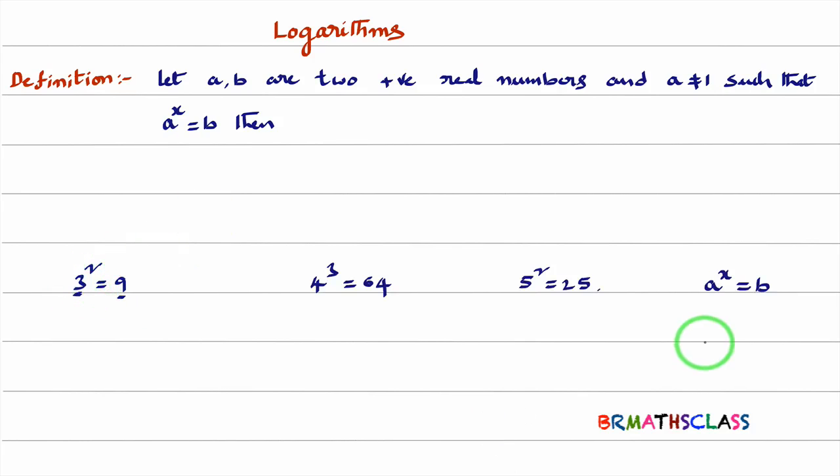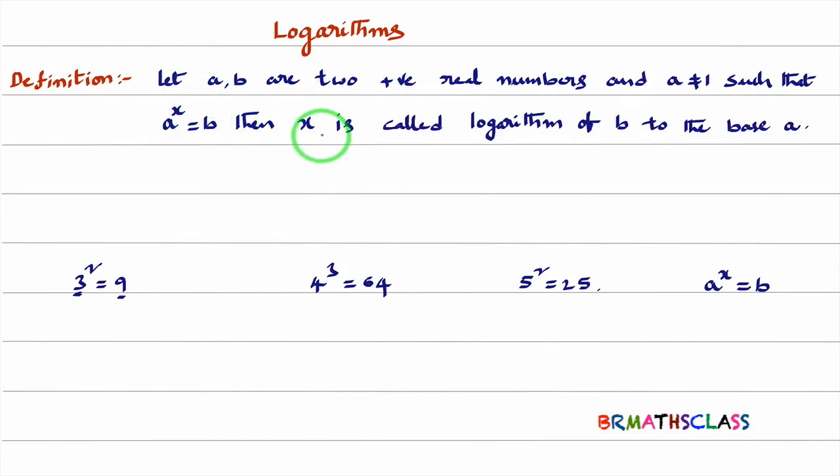Try to understand what I am trying to say. If you are able to find an equation of the form a power x equal to b, where a and b are positive real numbers and a is not equal to 1, then only logarithm is defined. In a power x equal to b, x is called the logarithm of b to the base a.